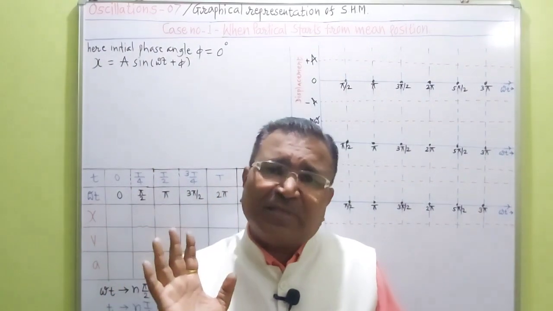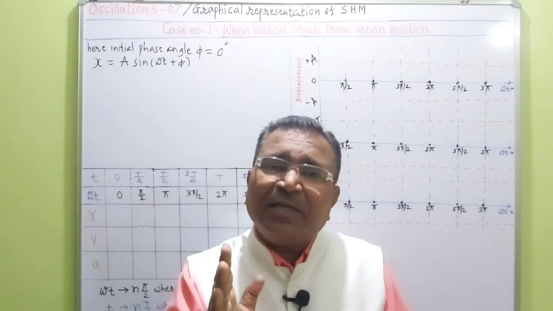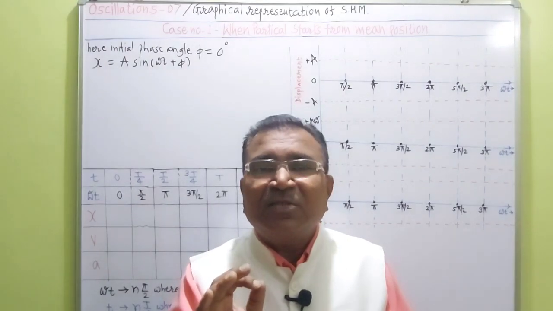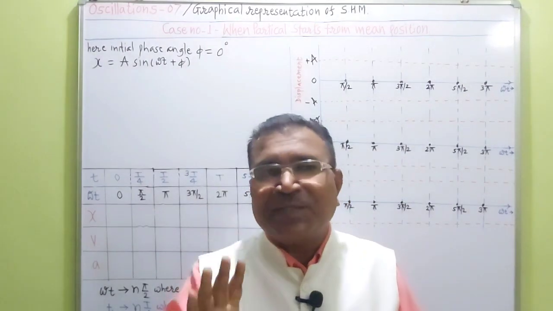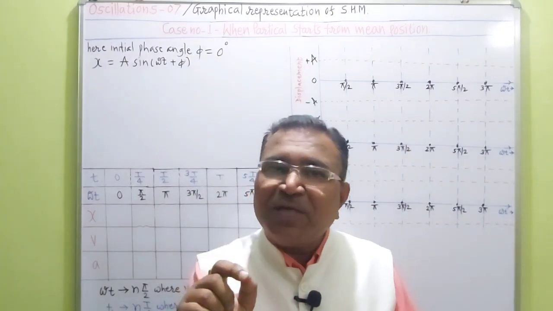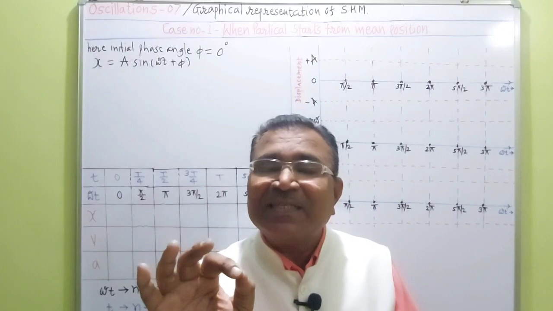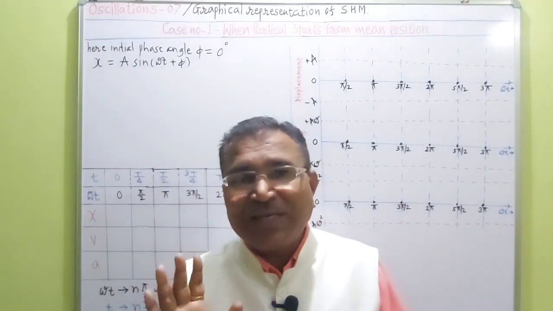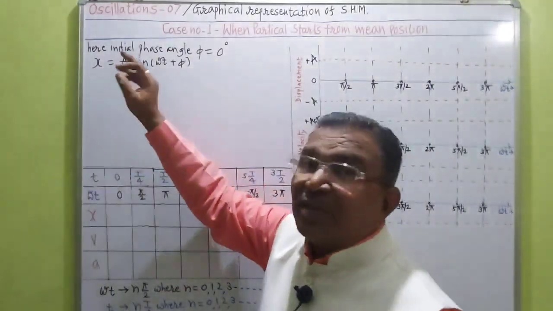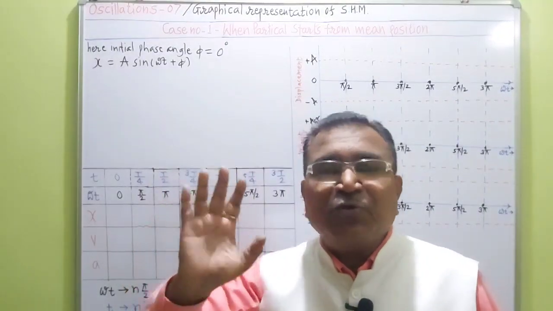Very important thing: capital A is used to denote amplitude of SHM, while small a is used to denote acceleration.